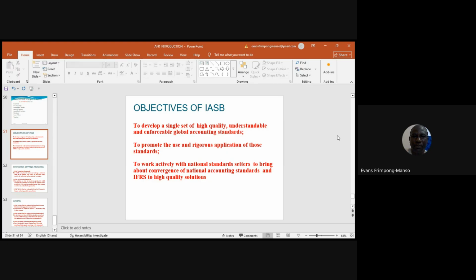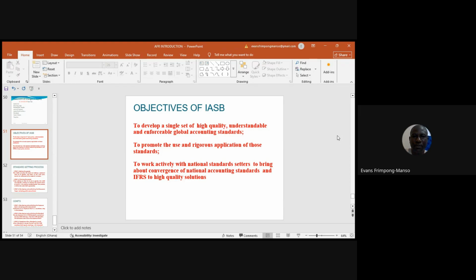So the objective is to develop a single set of high quality, understandable, and enforceable global accounting standards, and to promote the use and rigorous application of those standards, and to work actively with national standard setters to bring about convergence.